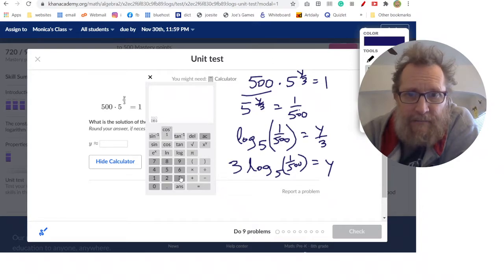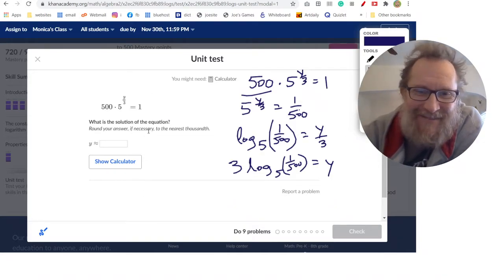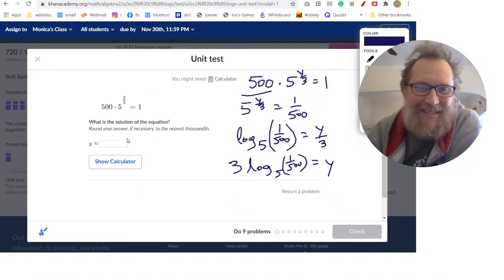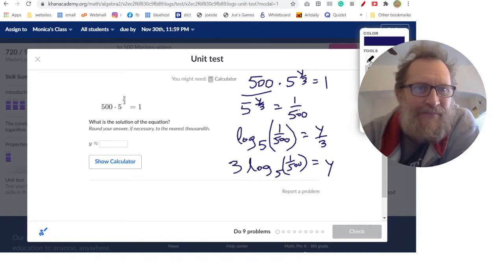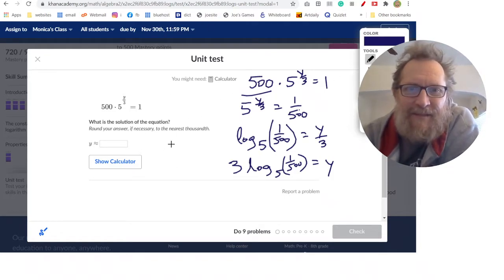Let's do it just straight. 3 times log. Oh, I'm not paying attention. I've got this in log base 5, so I need to use my change of base rule. This is more challenging than it initially seemed.